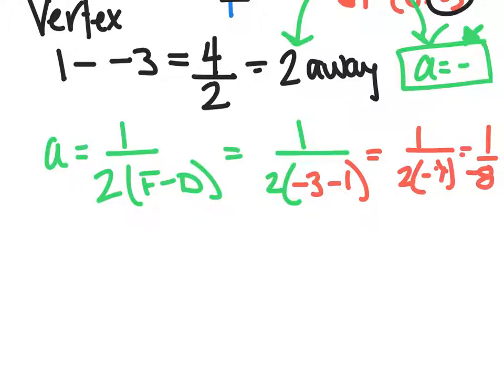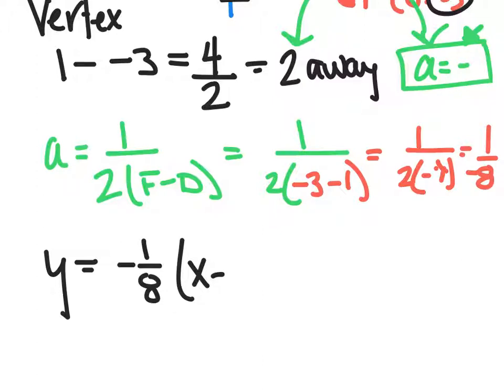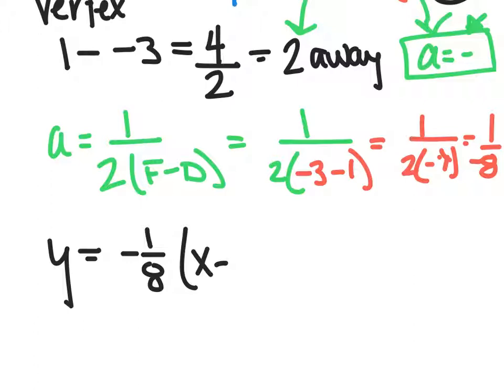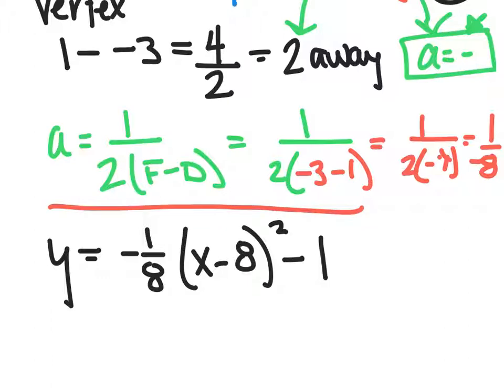Okay, so as I put it together, I'm going to get y equals negative 1/8, x minus the x value h, which is 8, squared, plus that k value, which is minus 1. And there you have it.